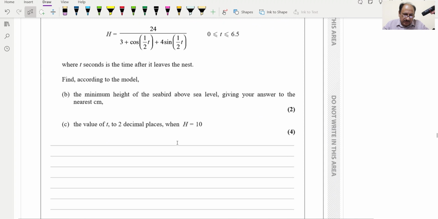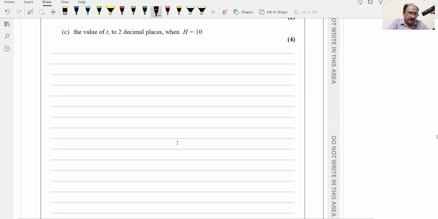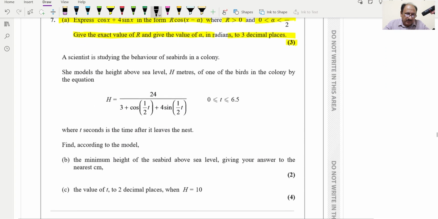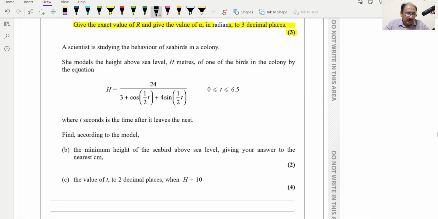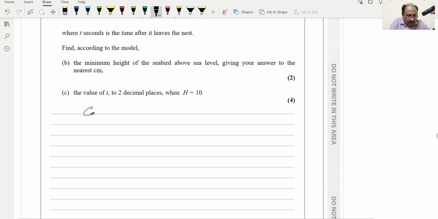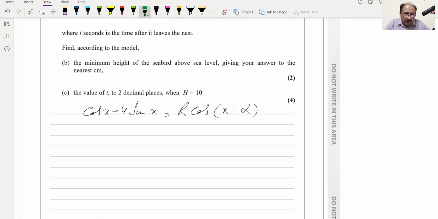So we can do this one. Cos x plus 4 sin x, the given equation, we can copy. Cos x plus 4 sin x is equal to r cos of x minus alpha, this format. And we know the formula is cos of a minus b is equal to cos a cos b plus sin a sin b.